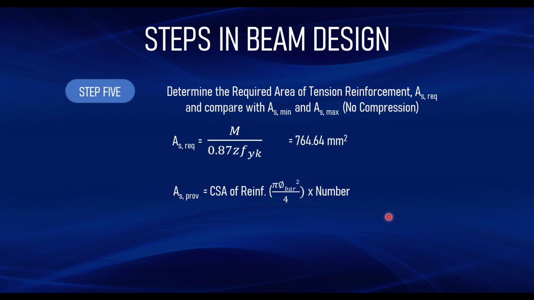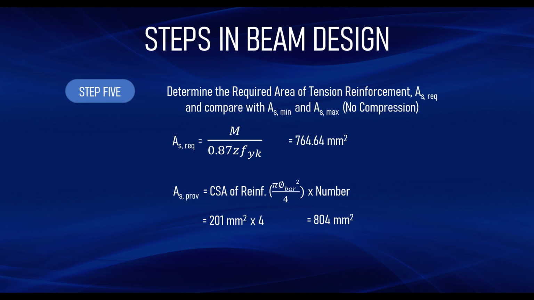In this case, we are assuming a bar size of 16 mm. Then you are going to end up with an area of 201 as the cross-sectional area for 1 bar. If we want to use 4, because we have to provide something slightly higher than the required, so we are assuming 4 number. Therefore, the area we are going to obtain now is going to be 804 millimeters square.